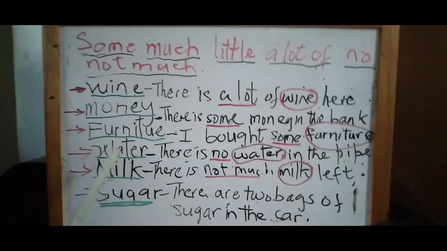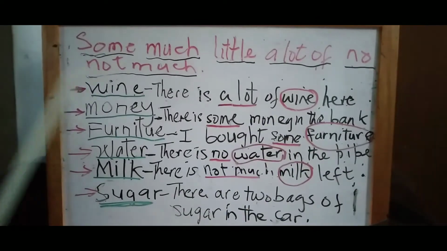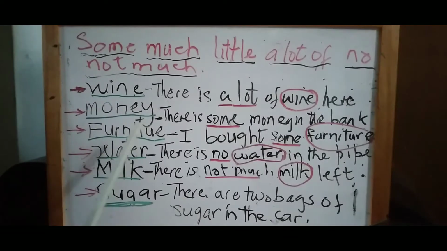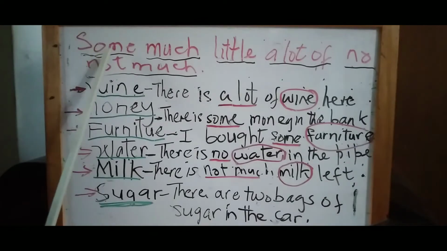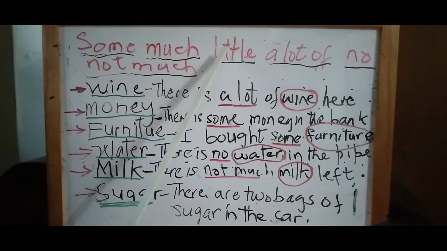All right, next sentence, money. There is some money in the bank. The uncountable noun here is money, right? And the word that we use to express the quantity or the amount is some, right? Because remember I told you that you can use some to express quantity, all of these here in red.